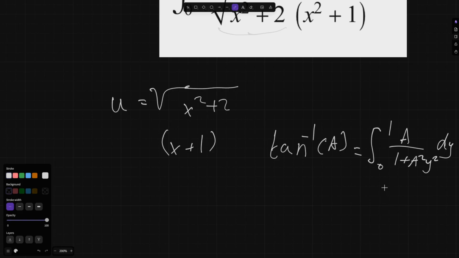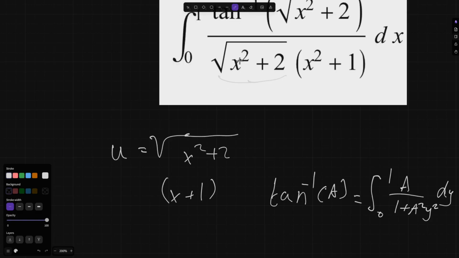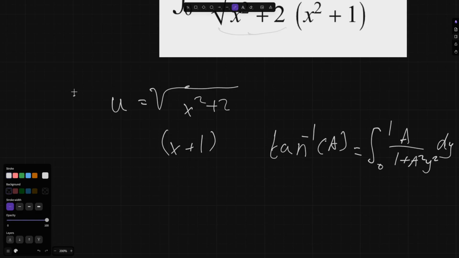We will replace the arctan of the square root of x squared plus 2. So this is the first part. This is our second part.